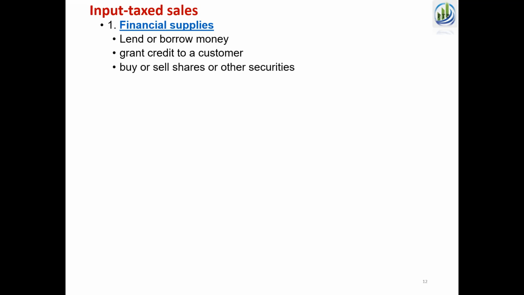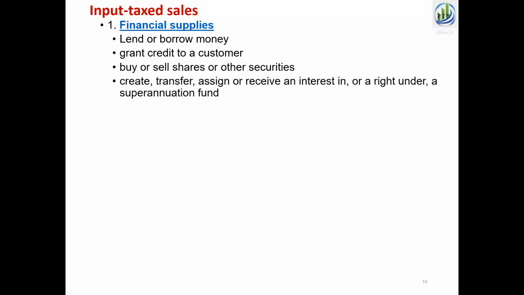Very unfortunate, right? For example, financial supplies. Commonwealth Bank, when they are giving you a loan, mortgage, interest, bank fees, no GST, and they cannot claim the GST as well. There are these types of supplies. One, financial supplies, so those who are borrowing and lending, or giving a credit card or granting credit to customers, or buying and selling shares, or transferring or assigning the super fund.